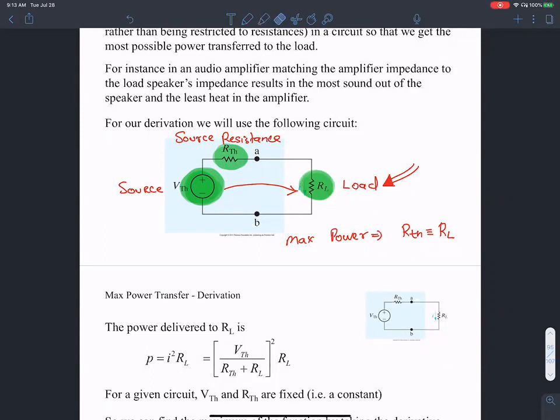You want a whole lot of that power to come out to the load. In order to make sure you get a lot of power from the source to the load, you want the impedance of the source and the impedance of the load to match. That's all there is to the maximum power transfer theorem.